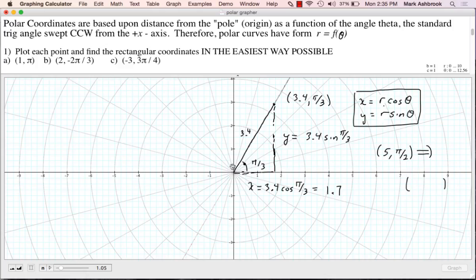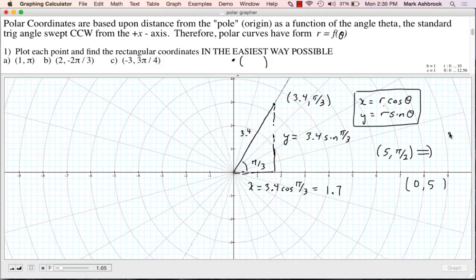This isn't trig. This is knowing that we're at this point right here on the y-axis, 5 up from the x-axis. That has nothing to do with using sine and cosine. That's just knowing where the point is and using your brain. So that's 0, 5.